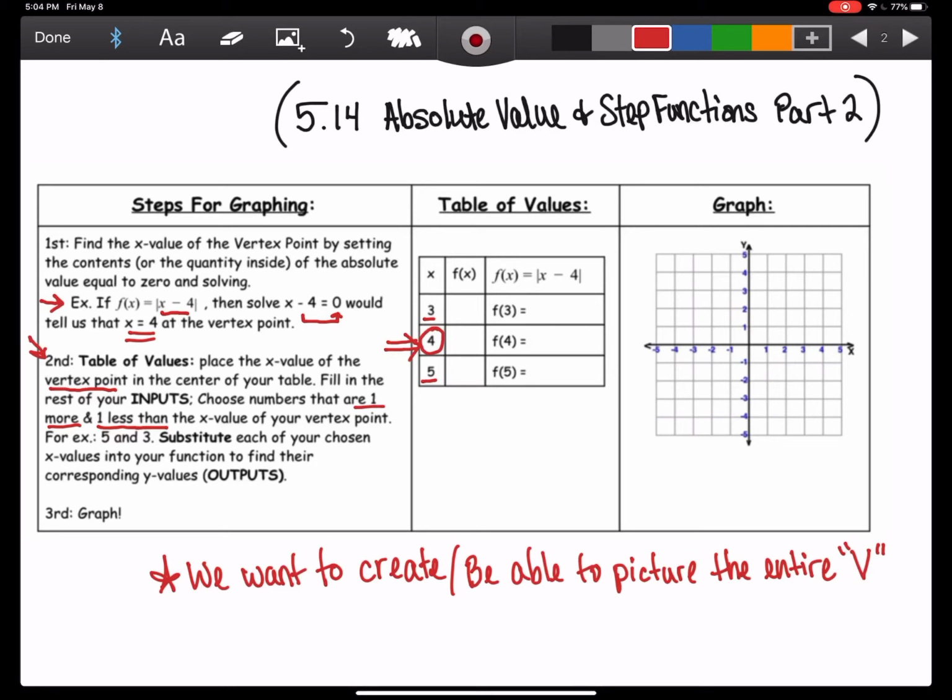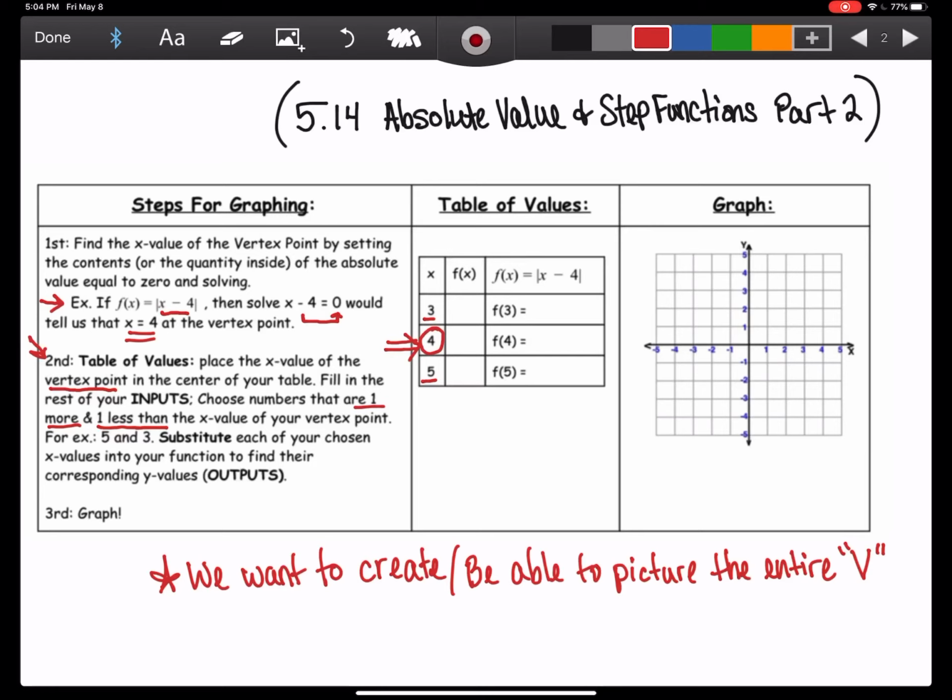Very important, very helpful. As long as you do this, you'll get a V-shaped image on the graph. Now, do I have to only go 1 down and 1 up? No. Can I go 2 down and 2 up? Yes. But at least go 1 below and 1 above the vertex x value.